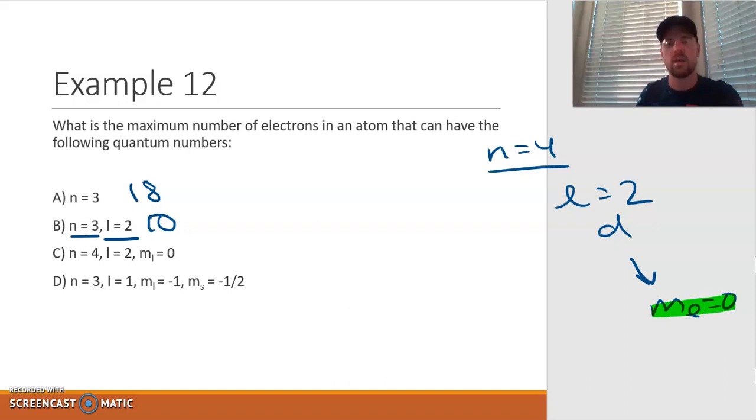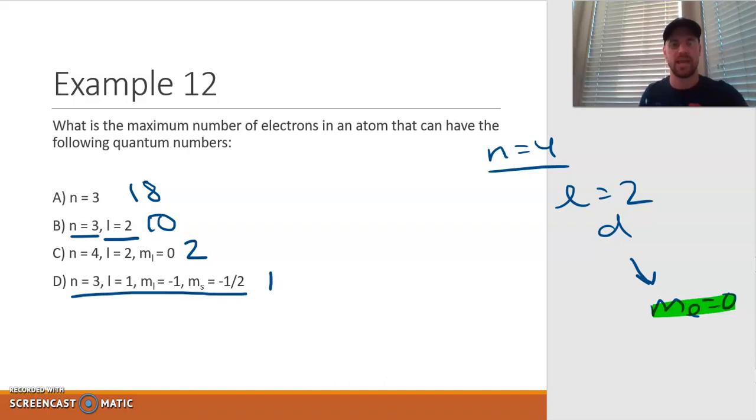What is that telling you? That's an orbital. You have now gotten down to the specific orbital. How many electrons maximum can be in an orbital? 2. And finally, how many electrons in an atom could have all 4 of these quantum numbers in common? Just 1. Only 1 electron can have this exact set of 4 quantum numbers.